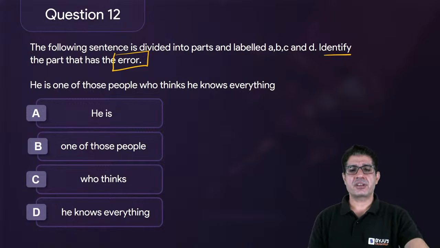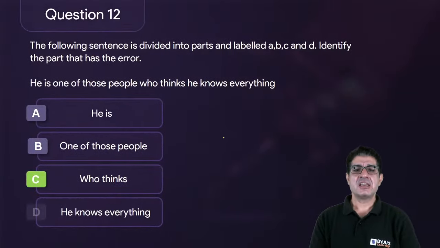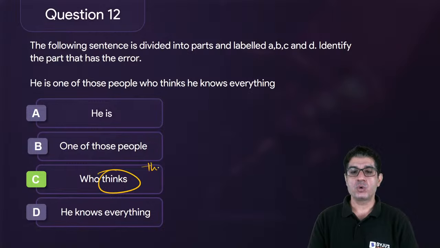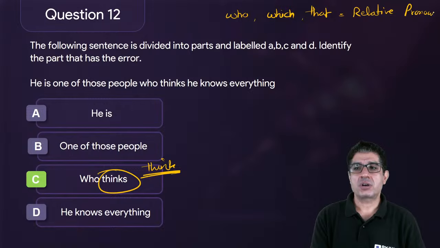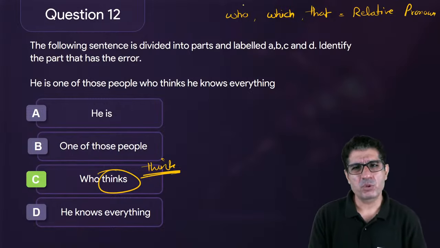Okay, the right answer here is C, because it should not be "who thinks," it should have been "who think." So you notice when you use who, which, or that as relative pronouns, are they singular, are they plural, particularly who?